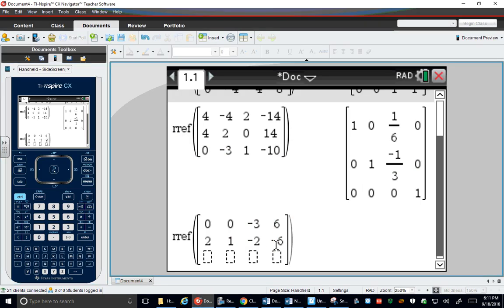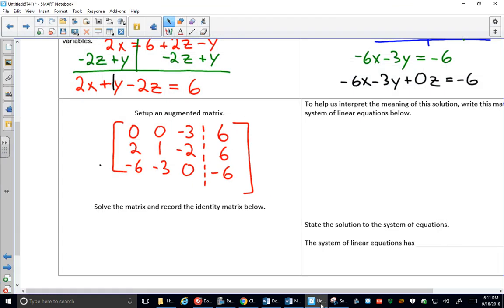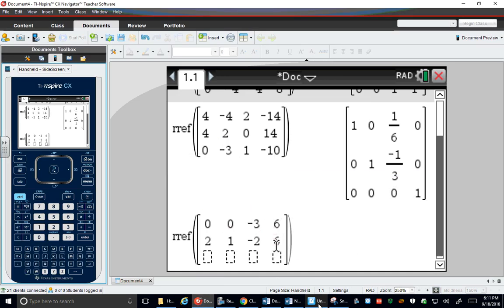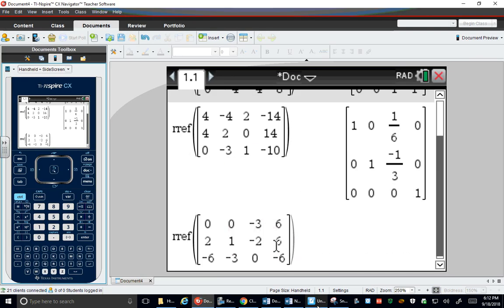So it's easy to get confused between my numbers. Okay, so tab. All right, last row. Negative 6, negative 3. Okay, let's double check our numbers. All right, and we're good. And enter.